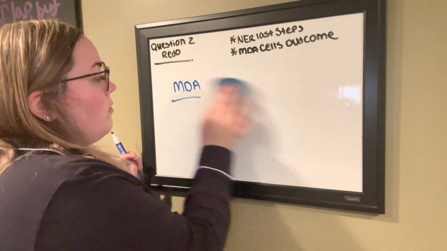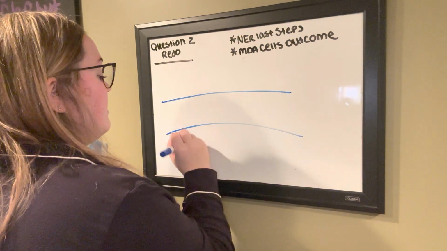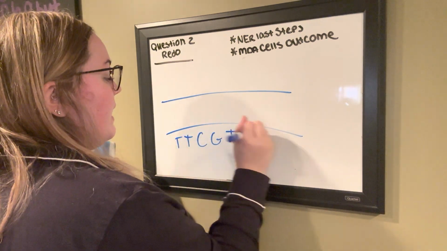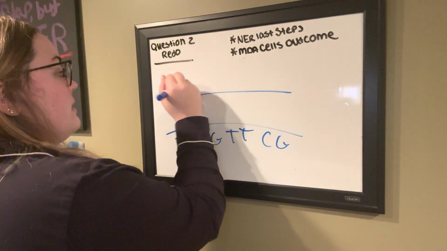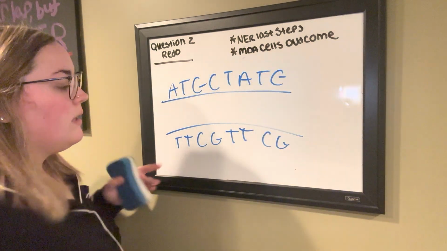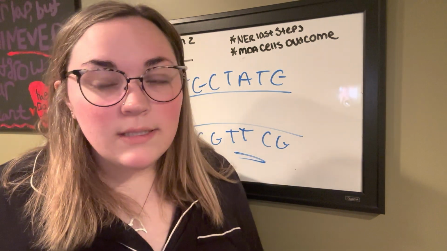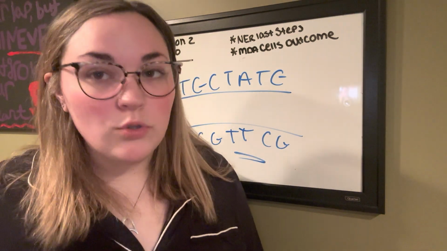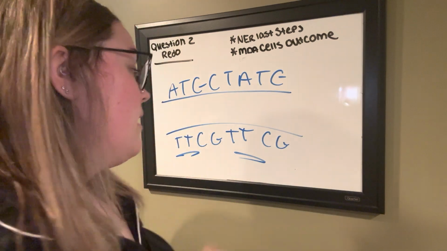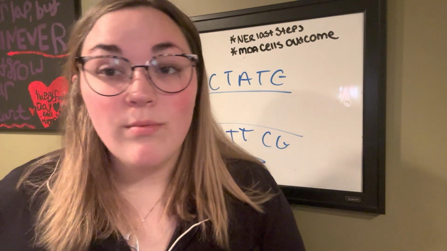So what would happen if we have our strands here, and say we had thymine dimers here and here, is that the cell is just going to go through its normal processes with the thymine dimers, and it's going to create more, because it's going to keep replicating.